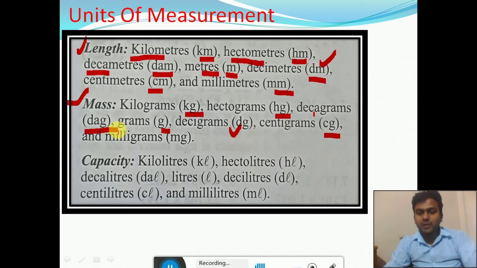These are the different units. I hope you understood. For capacity or volume: kiloliter as kl, hectoliter hl, decaliter dal, liter l, deciliter as dl, centiliter as cl, and milliliter as ml.